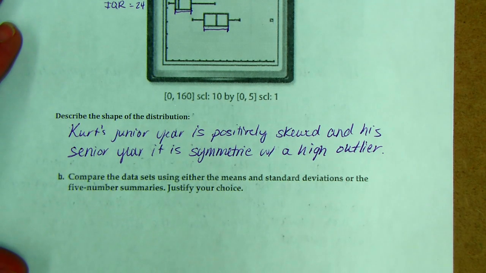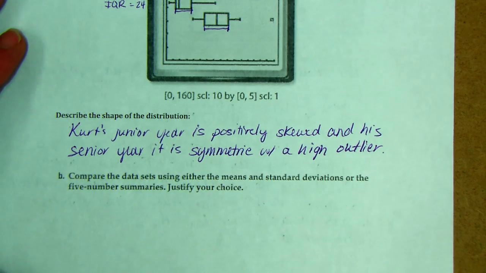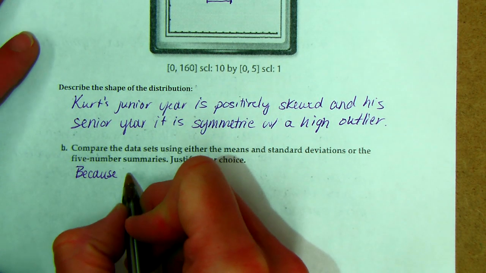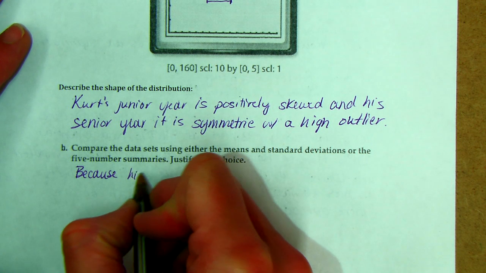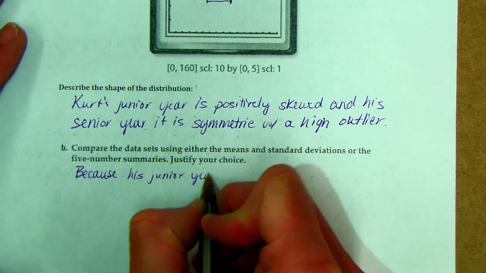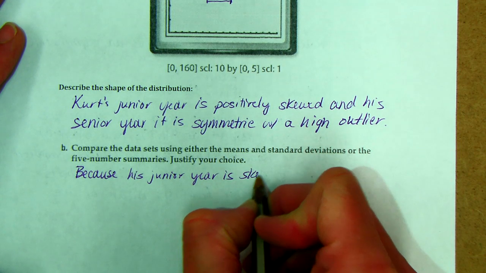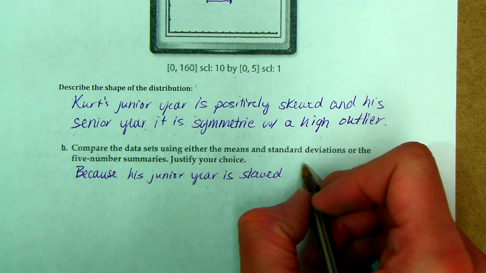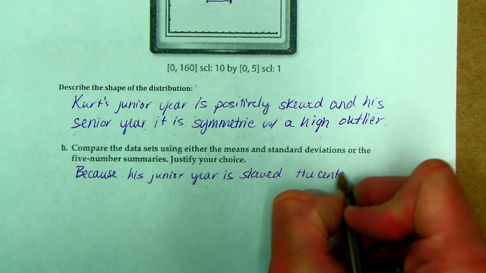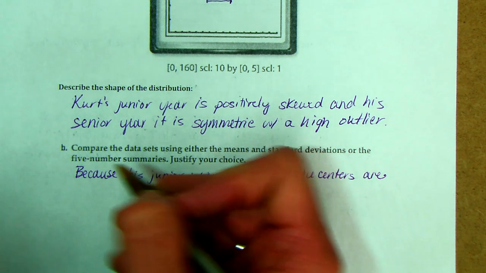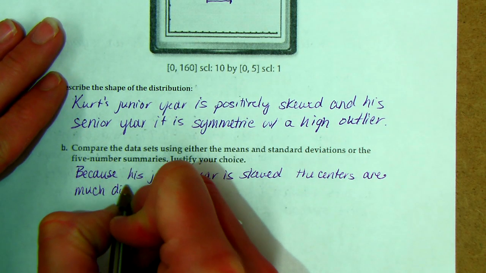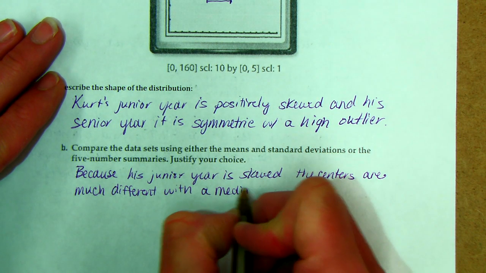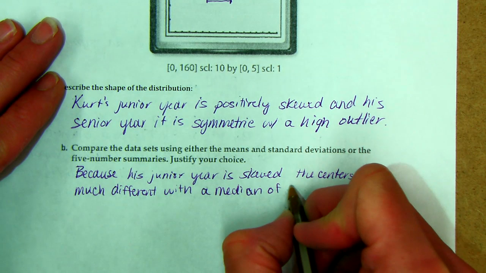So, justify. Because his junior year is skewed, the centers are much different, with a median of 19 yards and 75 yards.